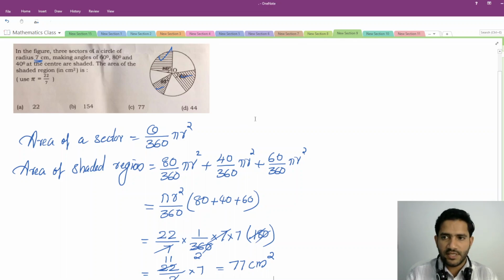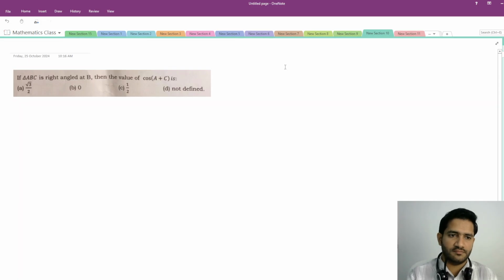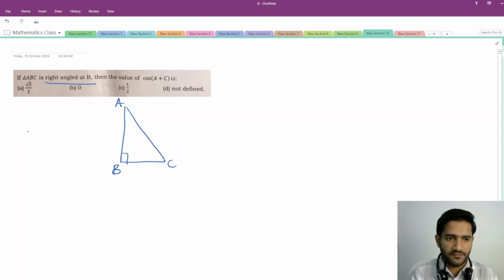Okay, then the next one. Look at here. A right angled triangle is there, right angled at B, so 90 degrees is at B, and we need to find cos of A plus C. It's a simple question because B is 90 degrees. So what is A plus C?